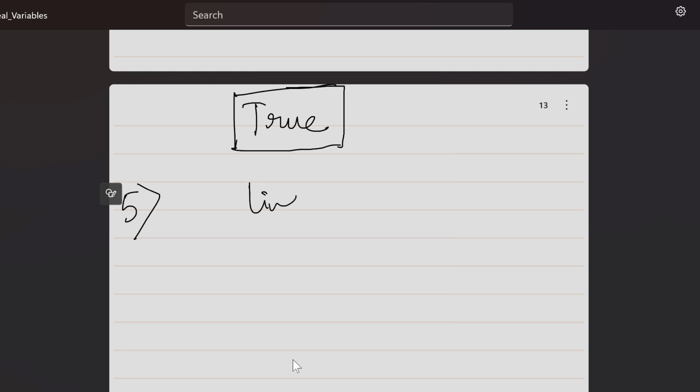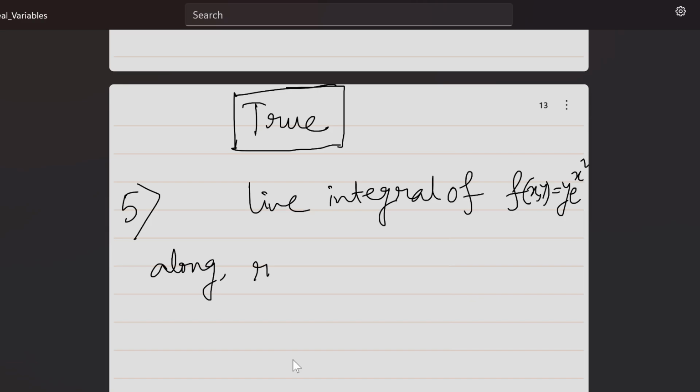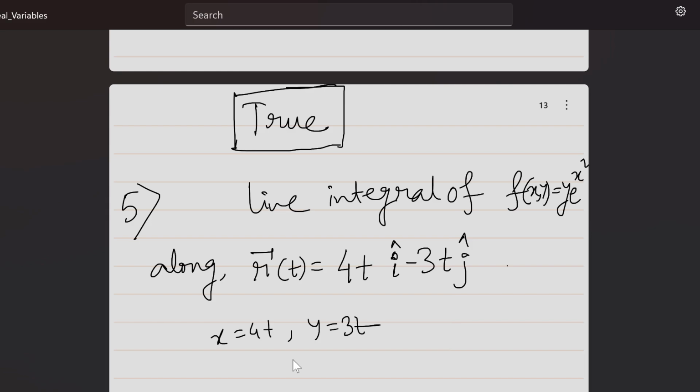You have to find the line integral of f, which is y into e power x square, along the curve r vector given by x equal to 4t and y equal to 3t. If you eliminate t from x and y, you will get y equal to 3 by 4 x. So this is a straight line, so no need to draw the graph. Directly I will do it.